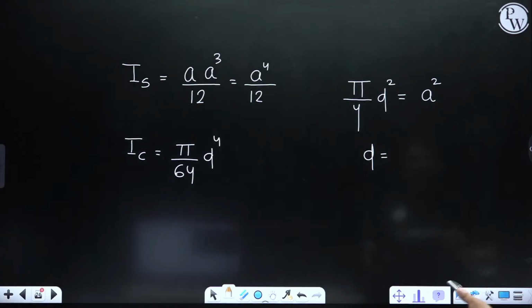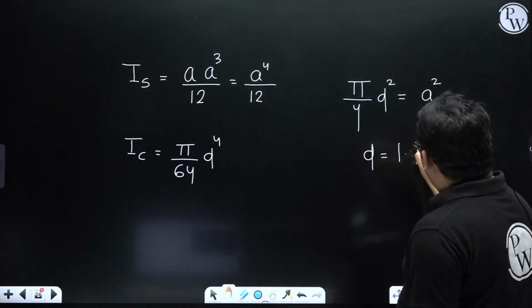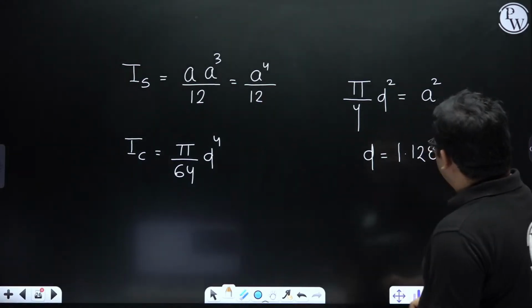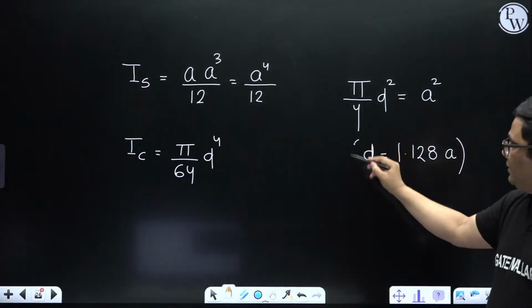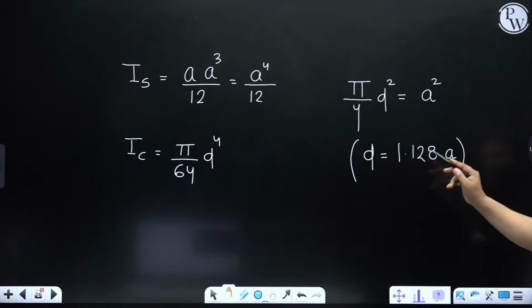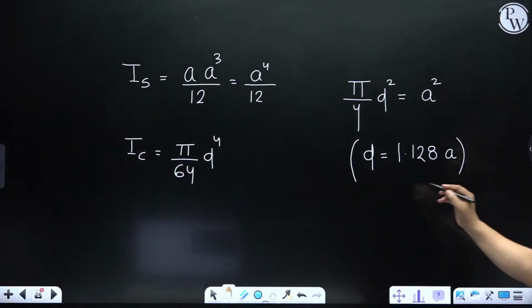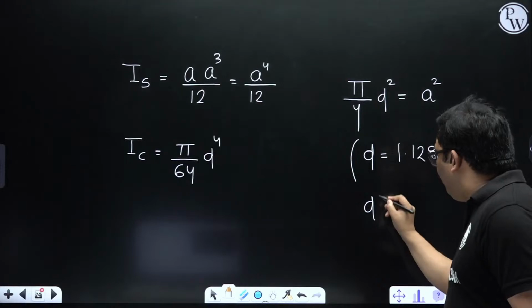D is 1.128 A. You see, from here I got this now. D is equal to 1.128 A, right? So what will be D to the power 4?